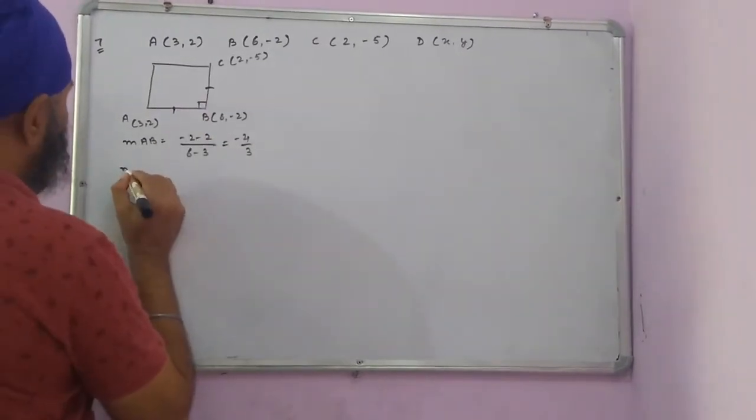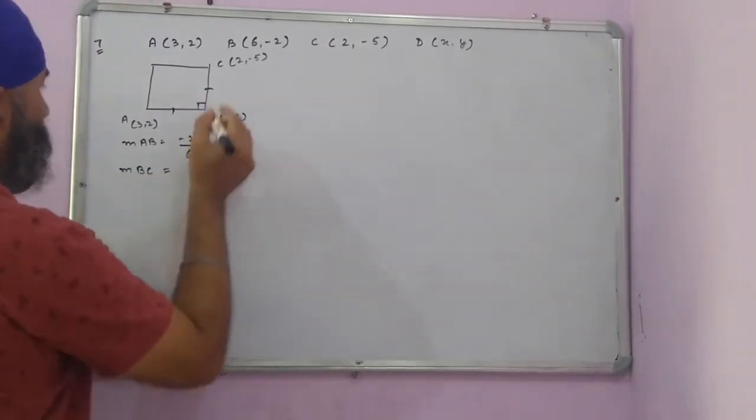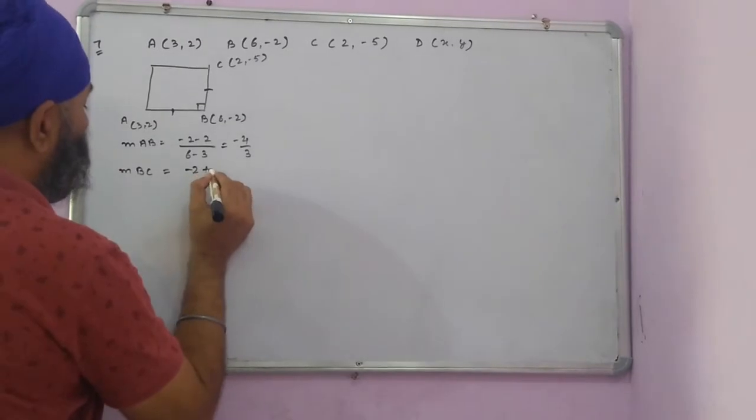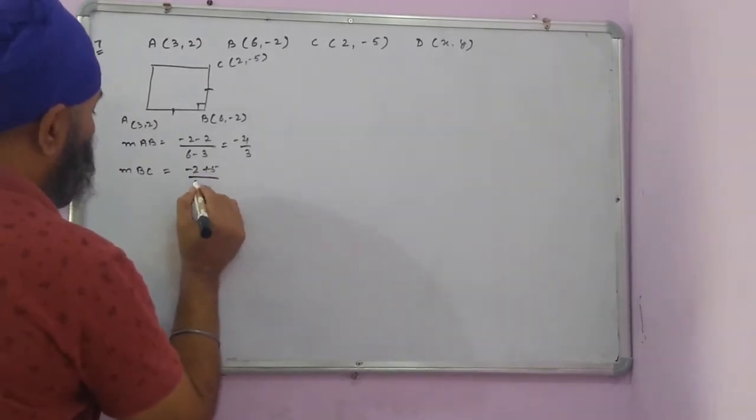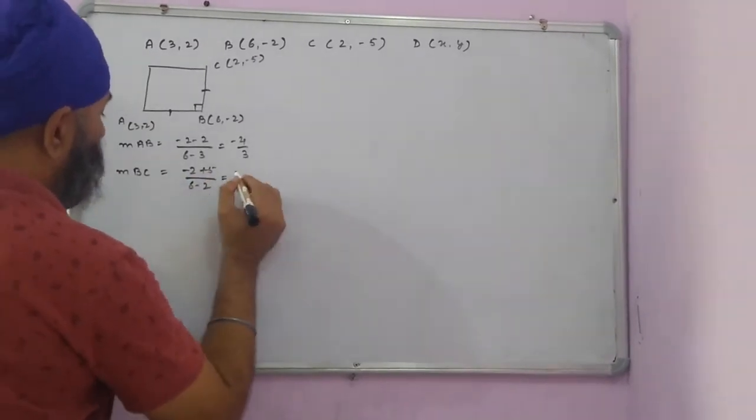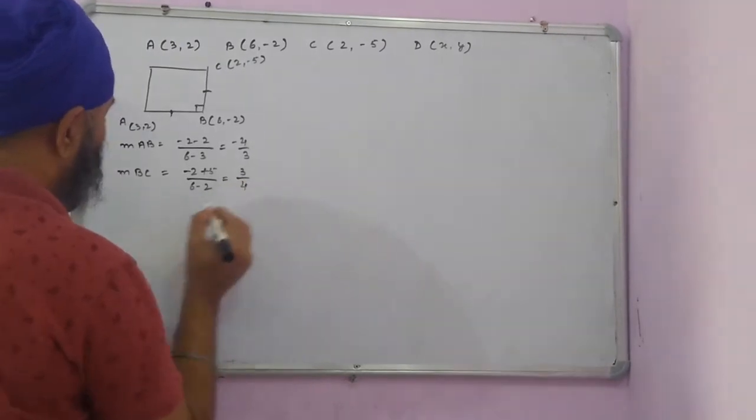Then m BC, minus 2 plus 5 upon 6 minus 2, it is 3 upon 4.